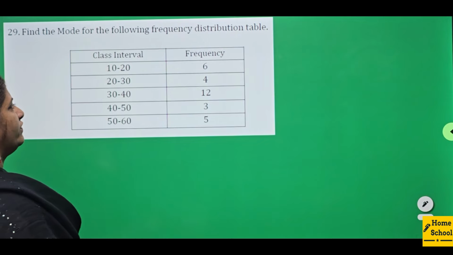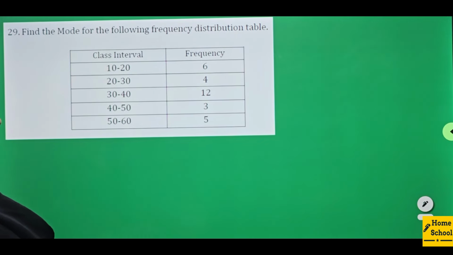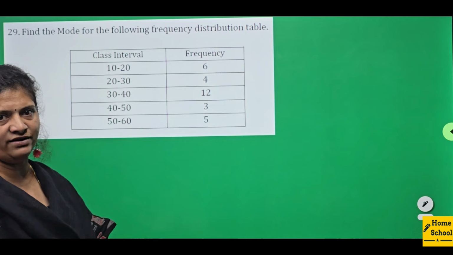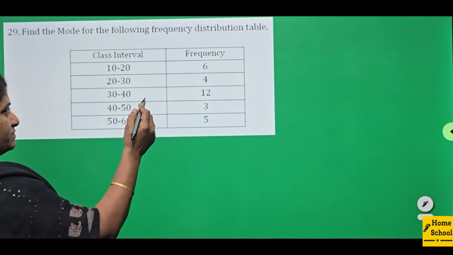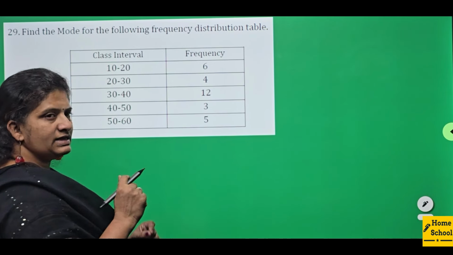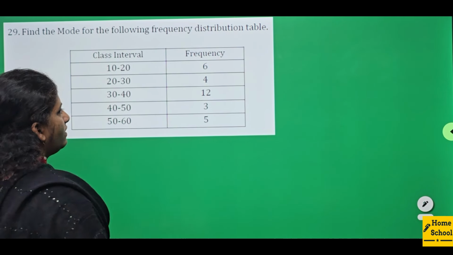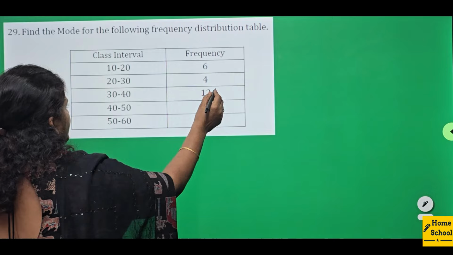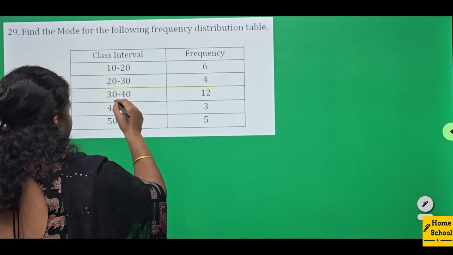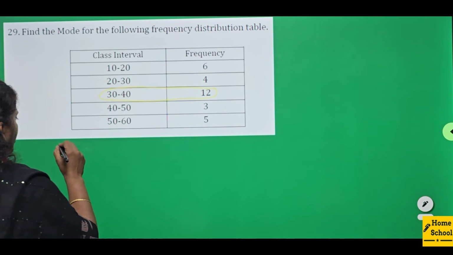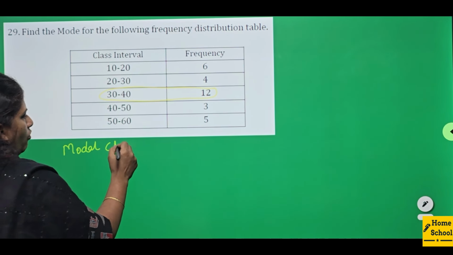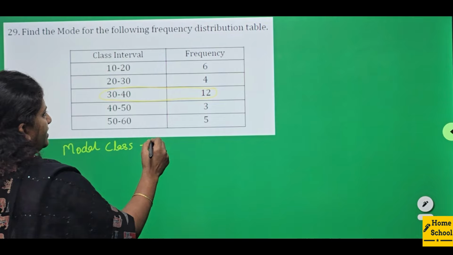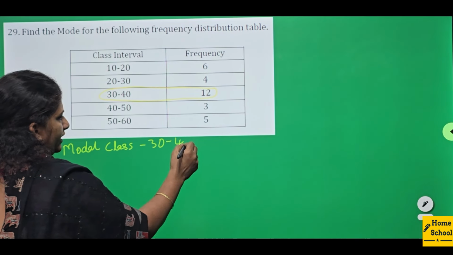29. Find the mode for the following frequency distribution table given class interval and frequency. How to find mode? First, you need to observe in frequency, which is the highest frequency. Where is the highest frequency? 12 is the highest frequency. So, first thing what we are going to write? Modal class. Modal class is 30 to 40.